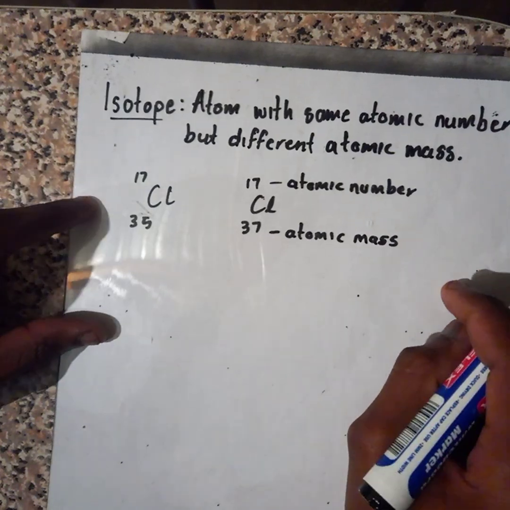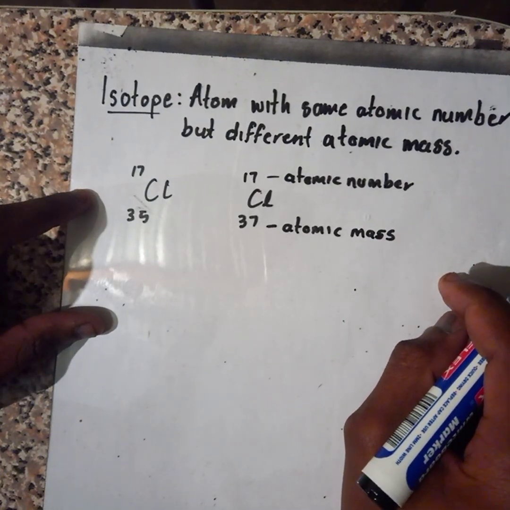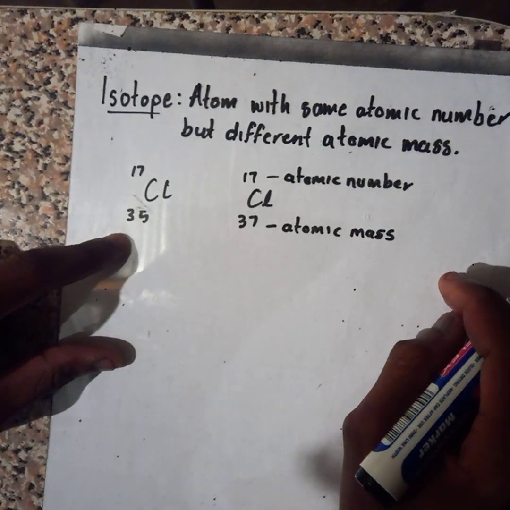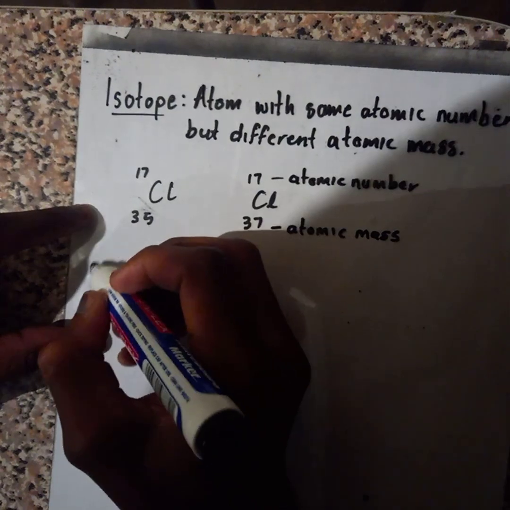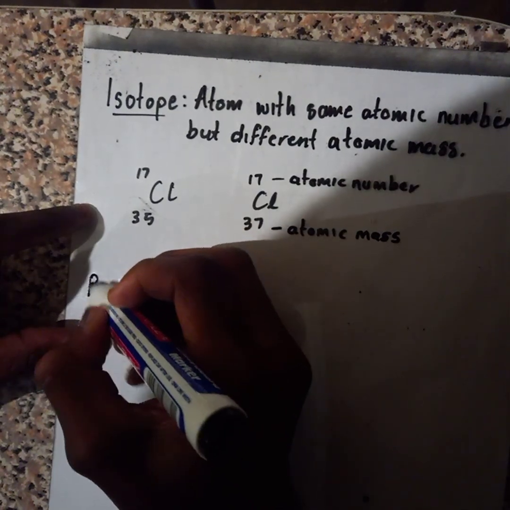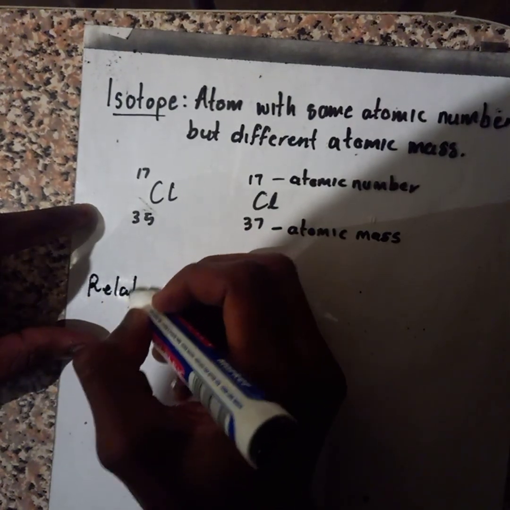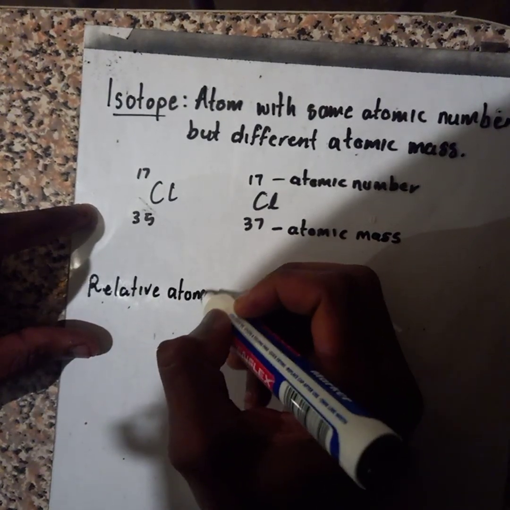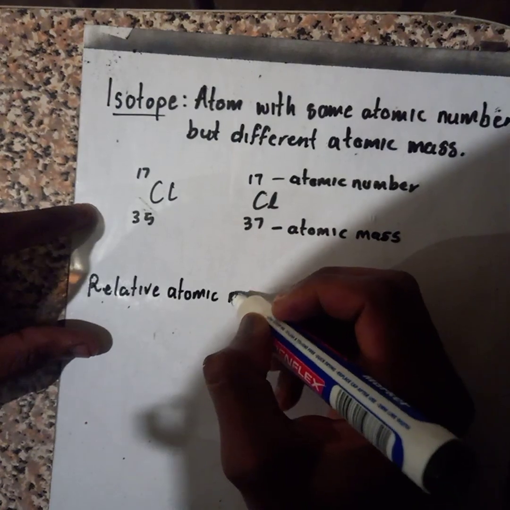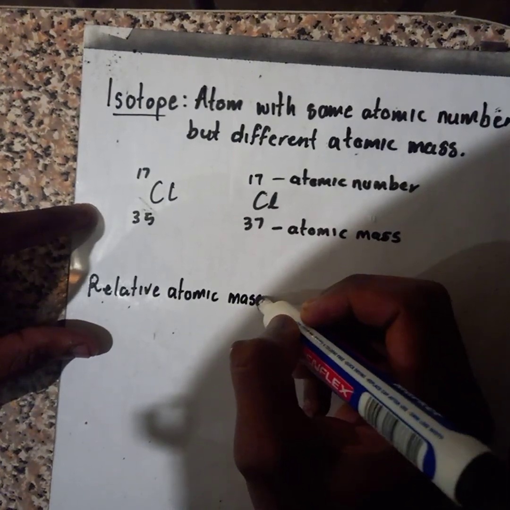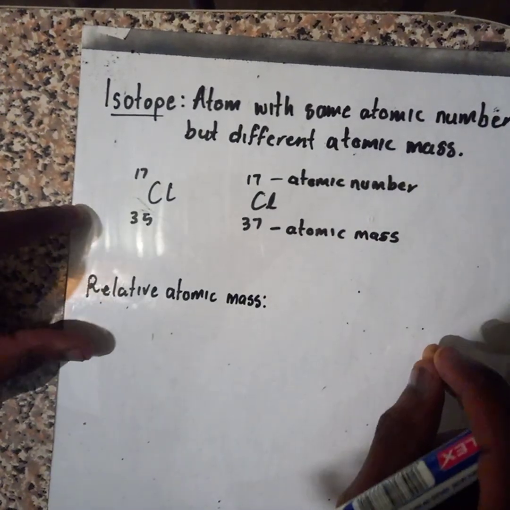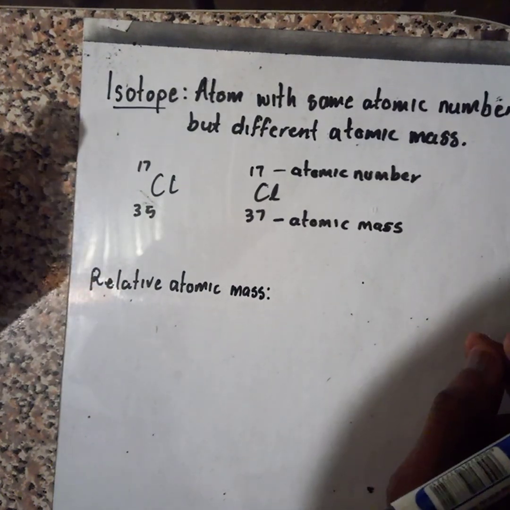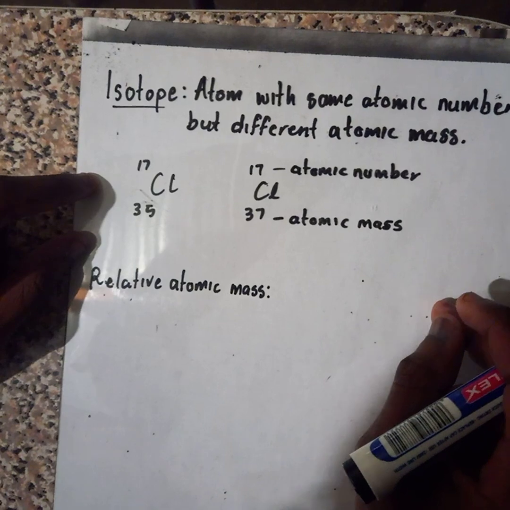Now what I'm going to do is, I want us to do some calculations of relative atomic mass. You see, the relative atomic mass, or the average of atomic mass.